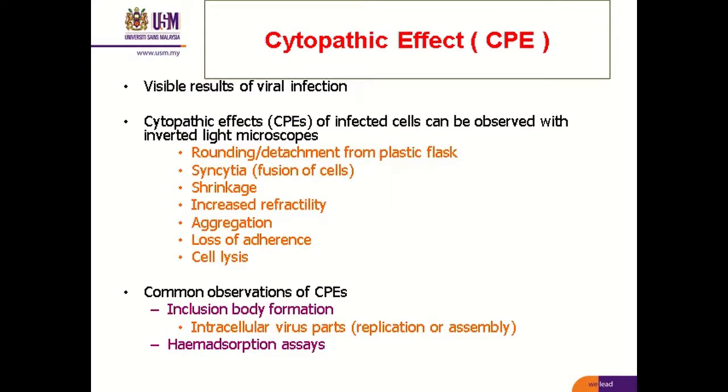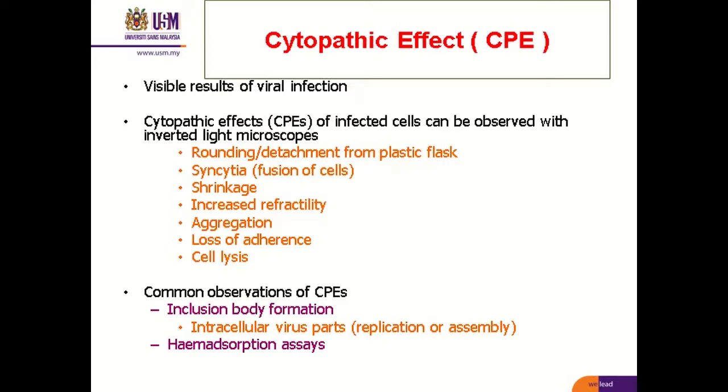So when we culture the virus in the cell culture, we observe the cytopathic effect, which is the visible result of viral infection in the cell culture. We can see the cytopathic effect of infected cells using the inverted light microscope. We can see rounding or detachment from the plastic flask.